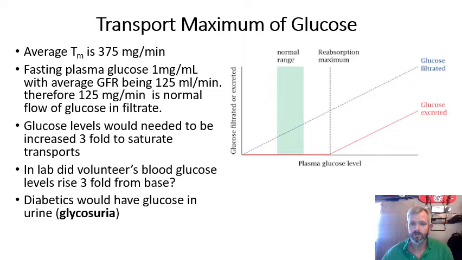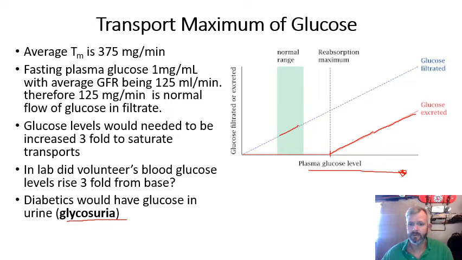All of it gets filtered. There is a maximum though, and if the plasma glucose levels were very, very high, there may start being excretion. And as we increase higher and higher in plasma glucose levels with extreme uncontrolled diabetes, you would find more and more glucose in the urine, called glycosuria.